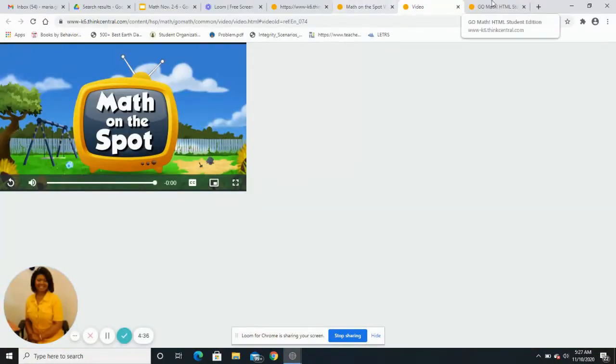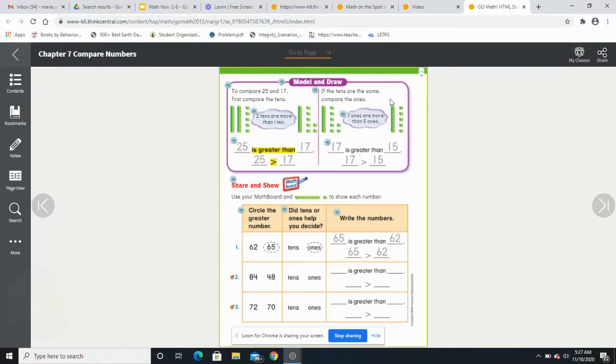All right, in our Big Go Math books, we're on page 290. Model and draw. To compare 25 and 17, first compare the tens. So remember, we can draw a line between the 2 and the 5, and also the 1 and the 7.